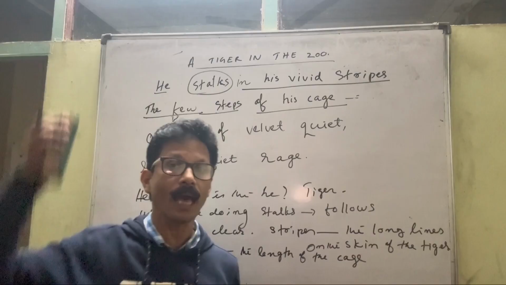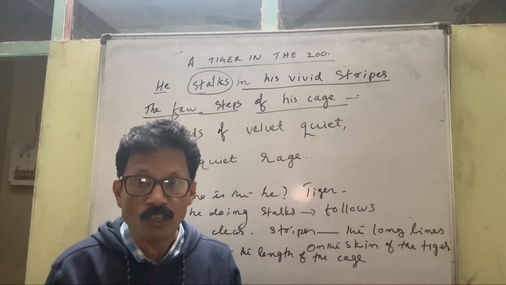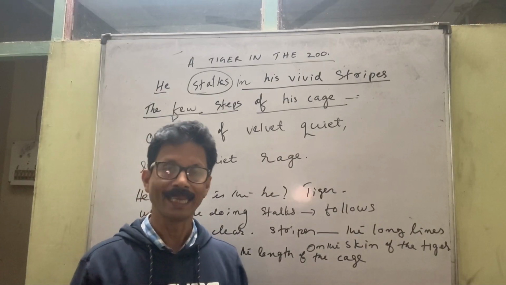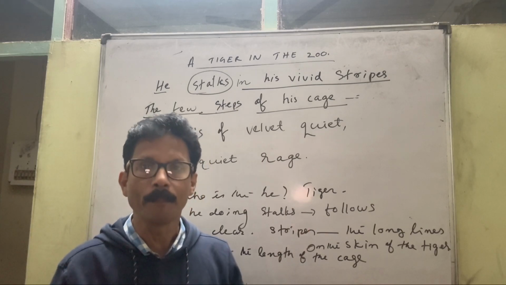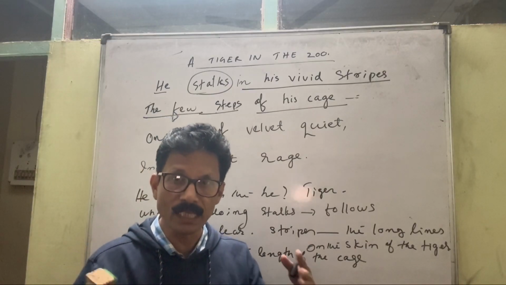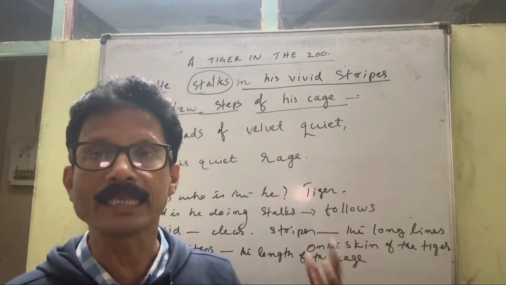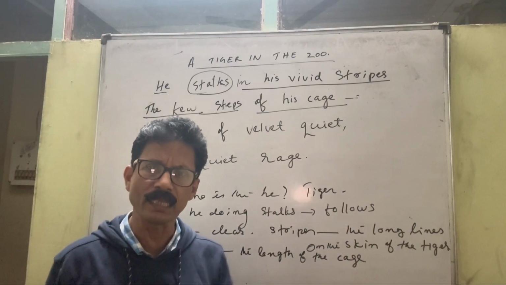Had he been in the forest, there is no question of a few steps. He can walk as many steps as he wants because he is free in the wilderness of the jungle. Who is there to control the movement of a tiger in the jungle? Nobody.